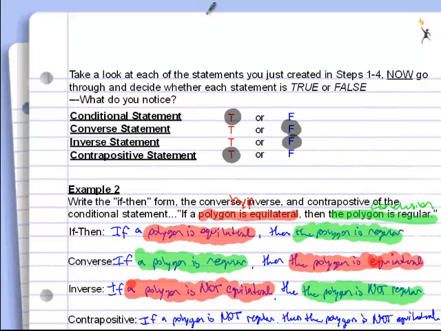And I can even see here that my if-then or my conditional was a polygon is equilateral. The inverse should look like a polygon is not equilateral. The conclusion in my conditional statement read the polygon is regular. The inverse statement, the conclusion should look like the polygon is not regular.